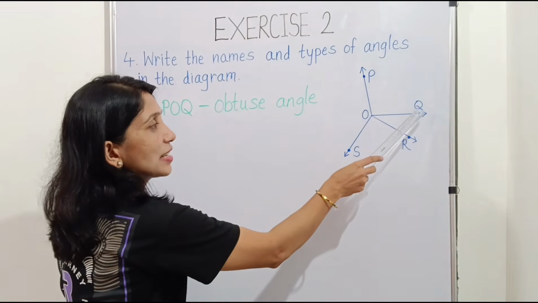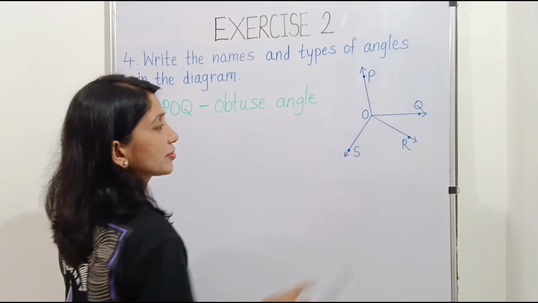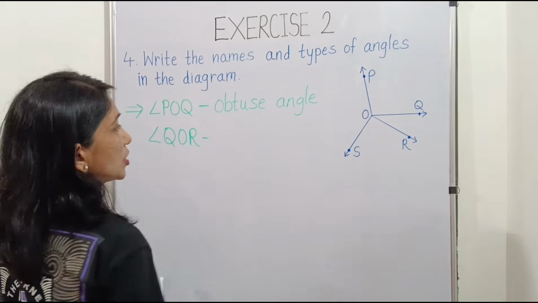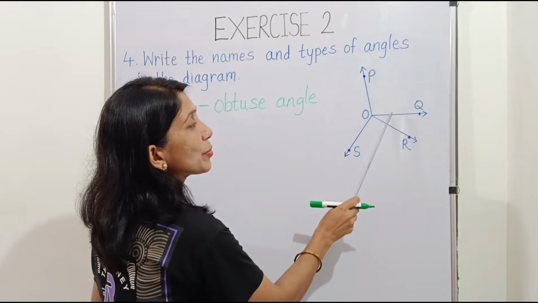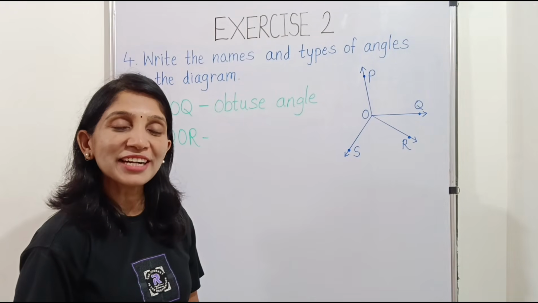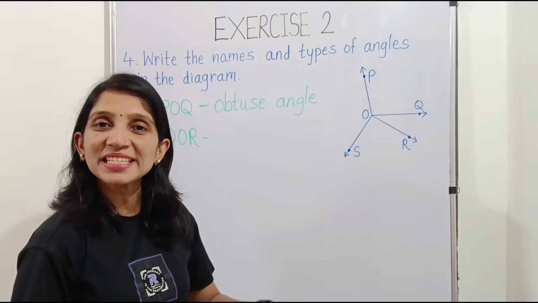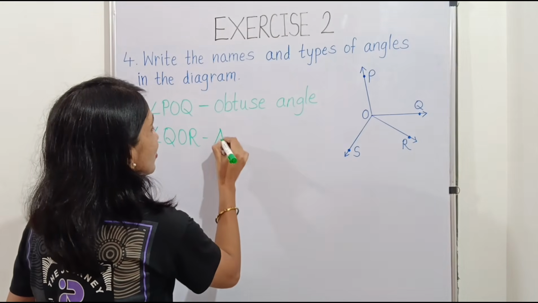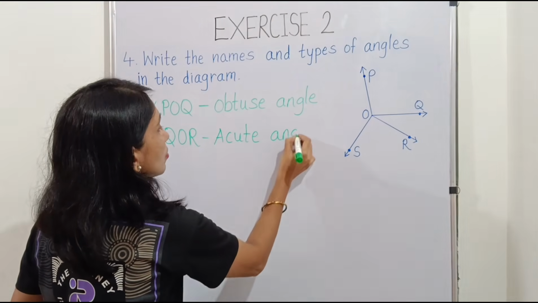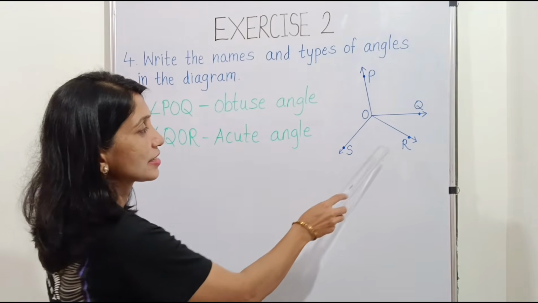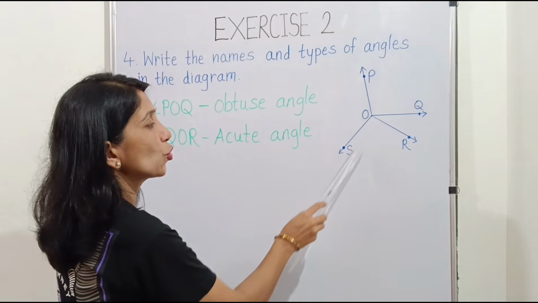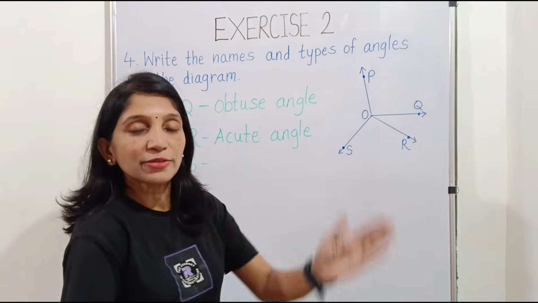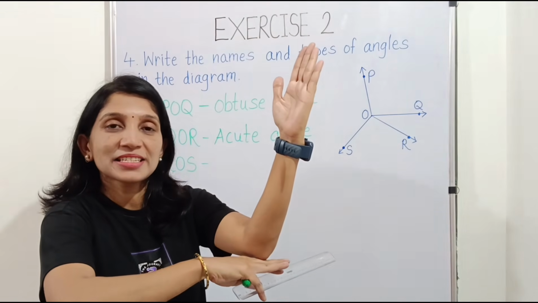Next angle is angle QOR. You can see a small gap. Small gap, that means more than 0 but less than 90. It is acute angle. See next, angle ROS. That one is also like this.